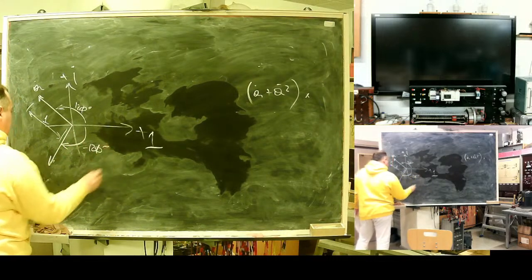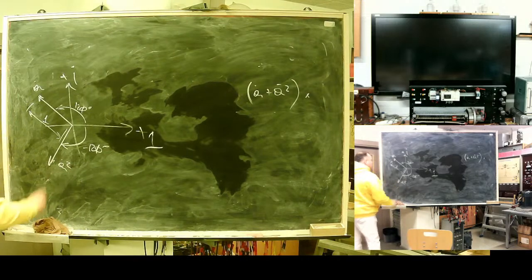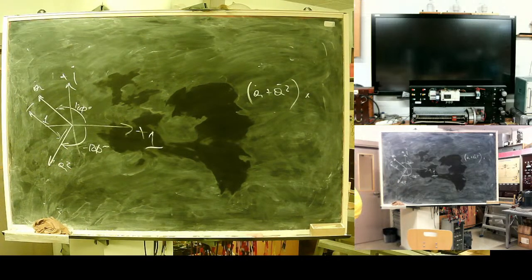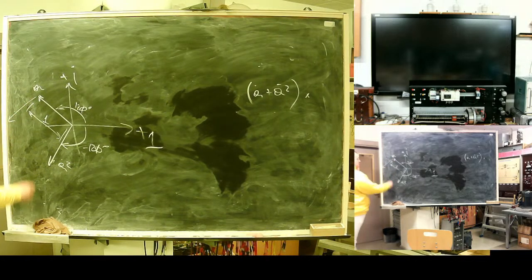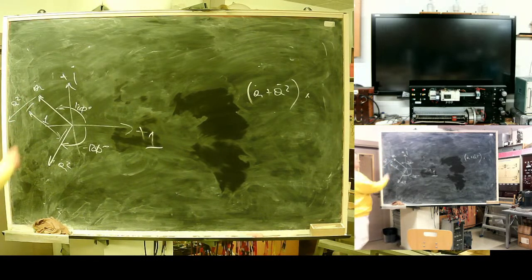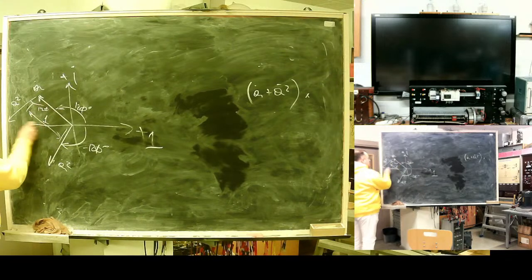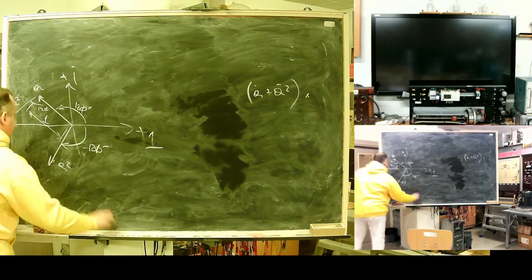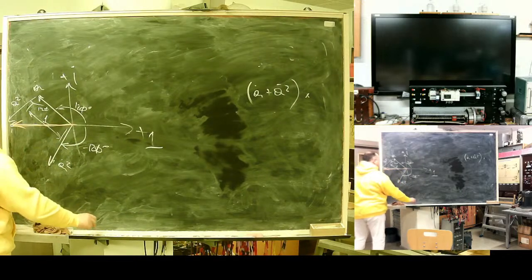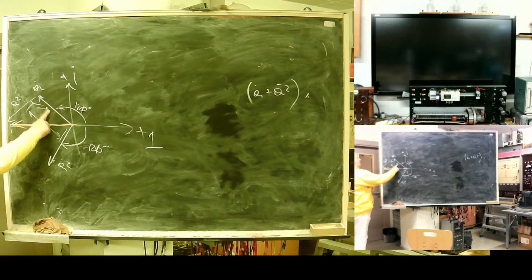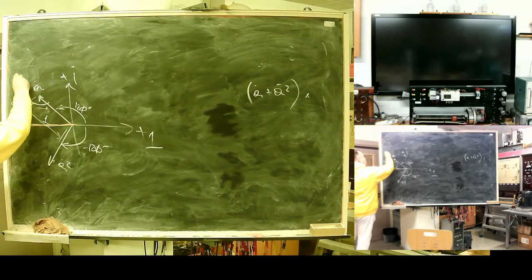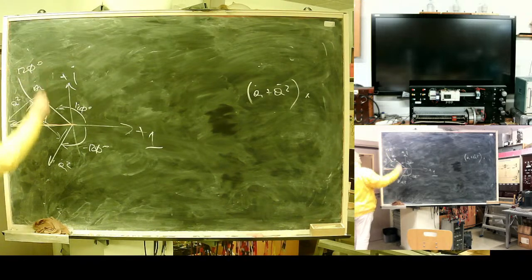Minus 120, this is A squared. What will I get if I add them? What's the value of the orange vector, if this is 1 and this is 1 and this angle is 120 degrees?